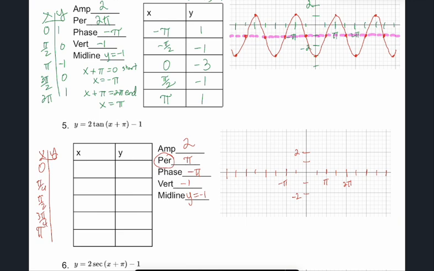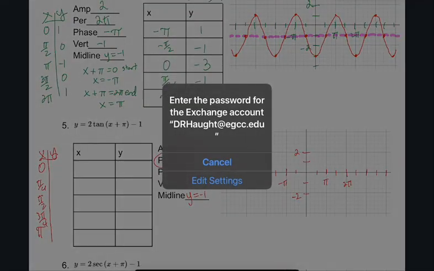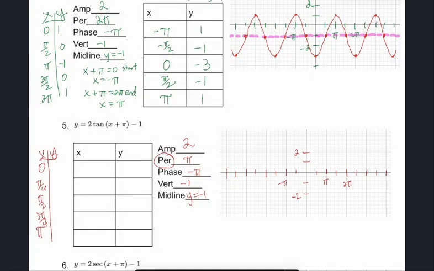For a tangent, the tangent of 0 is 0. Pi over 4 is 1. Vertical asymptote, negative 1, 0.